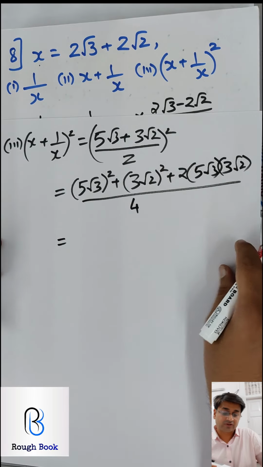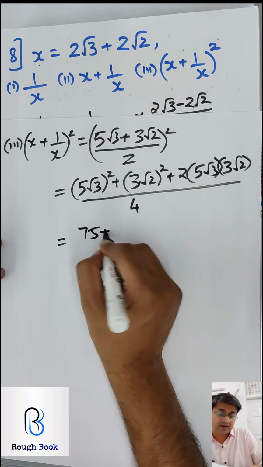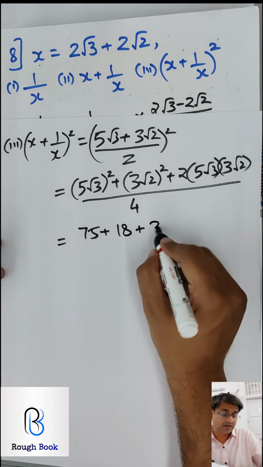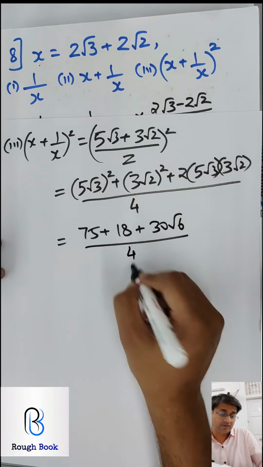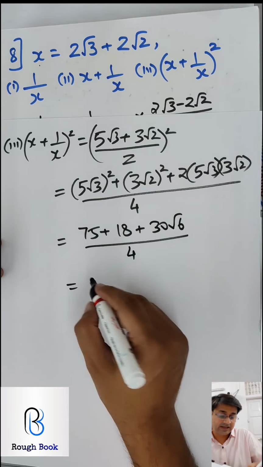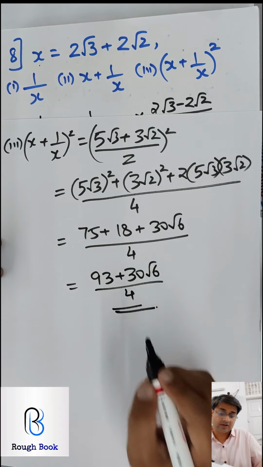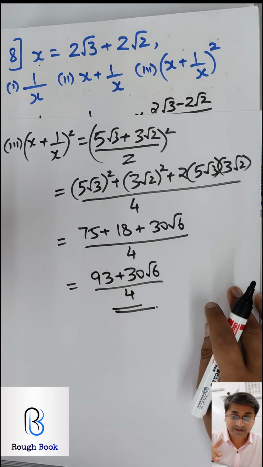So this is going to be 5 square 25 into 3, 75, 3 square 9 into 2, 18, 5 2s are 10, 3s are 30 root 6 upon 4. So 75 plus 18, 93 plus 30 root 6 upon 4. This is your answer for this and it is correct.